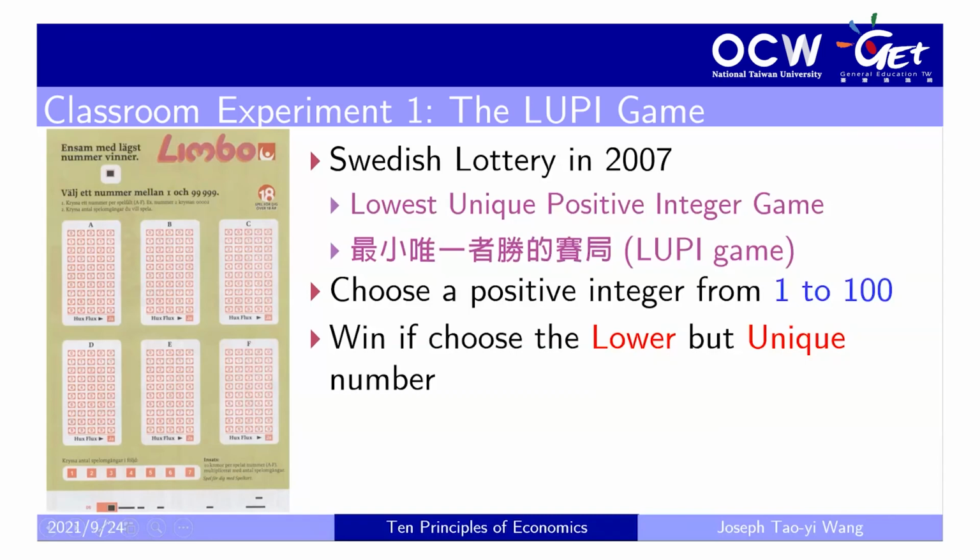If another person is the only person that chooses 2, then he or she wins. If there are 2 or more, then too bad, you don't win. And we'll see if anybody uniquely chooses 3, and so on. The prize: I said the classroom experiment counts as 15% of the grade, so the winner of the LUPI game will get 1 point of the grade.